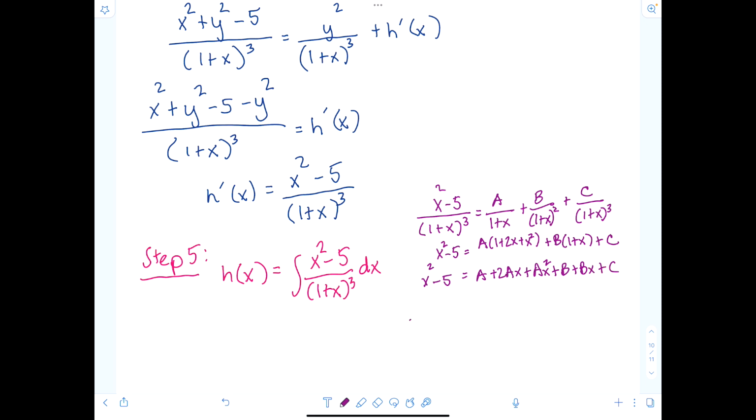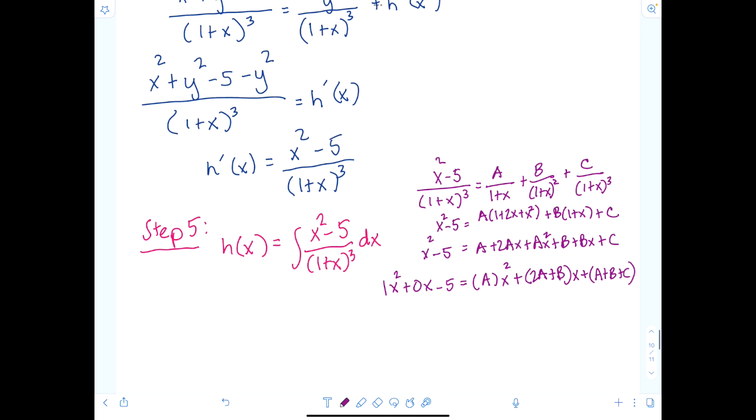And then we've got 1x squared plus 0x's minus 5. I only have an a as a coefficient to the x squared term. I have 2a plus b as a coefficient to the x term. And then our constant term is a plus b plus c.